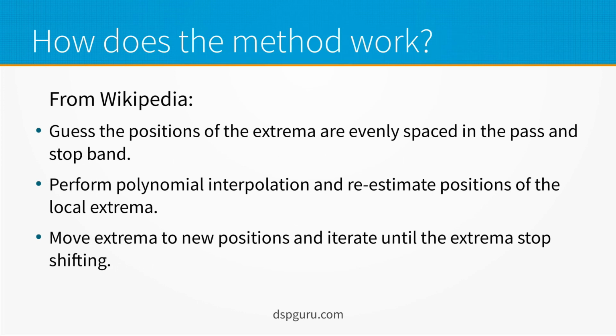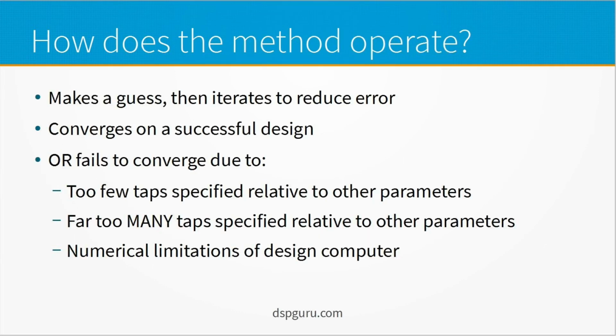That's a subset of the overall algorithm, but it's kind of the heart of it. MATLAB uses that term, so just be aware that when they're saying Remez, they aren't giving enough credit to Parks and McClellan. But it goes back and forth, iterates, and makes an improvement.